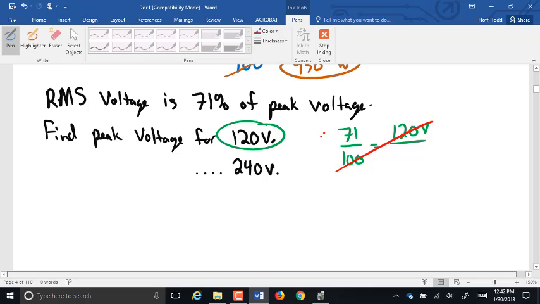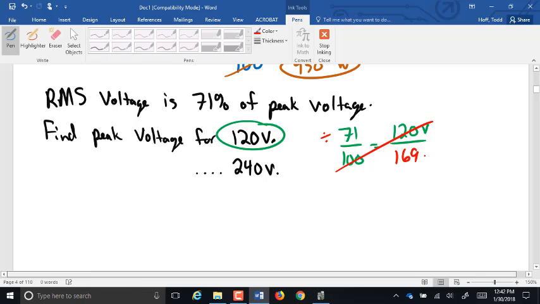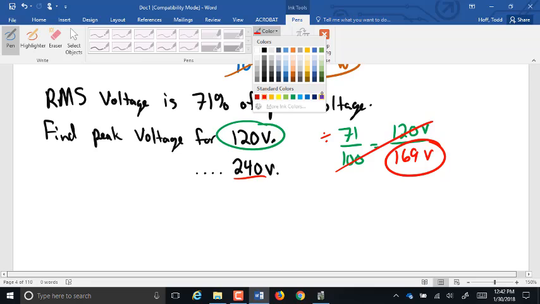So we cross multiply and divide, we get 169. Yeah. Technically, it's 170 volts is your peak voltage on a 120 volt sine wave. It's technically 70.7%.